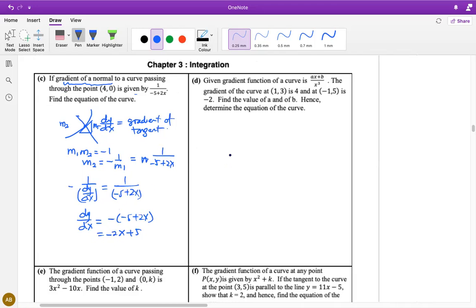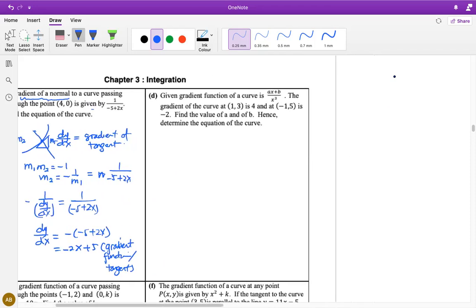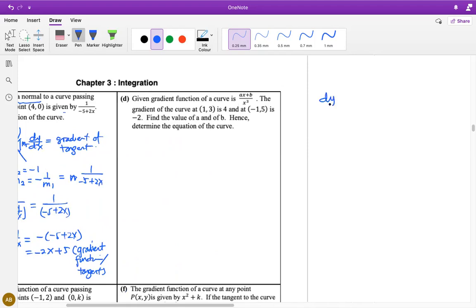So we need to find the gradient of the curve. After we get the gradient function, or gradient of tangent, we can find the equation of the curve. dy/dx equals -2x + 5, so we integrate: y equals -2x squared over 2 plus 5x plus c.